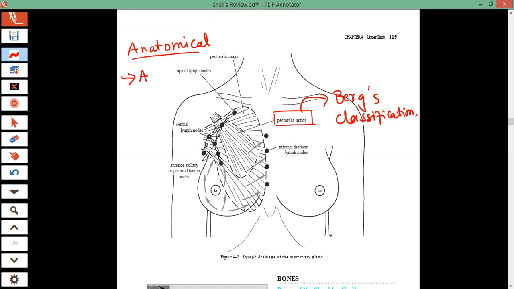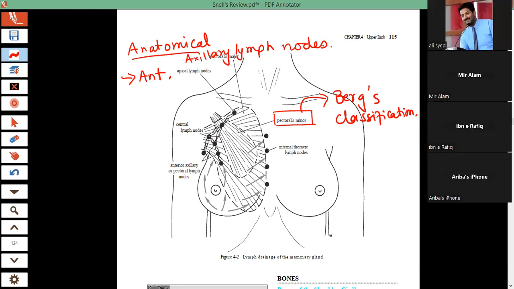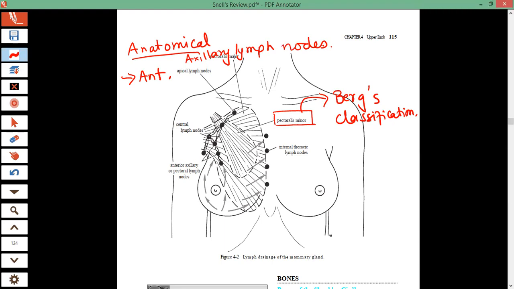You have anterior axillary lymph nodes. Okay. That is, first of all we are going to explain in detail your axillary lymph nodes. Okay, you can say the main drainage from the breast is going into your axillary lymph nodes.